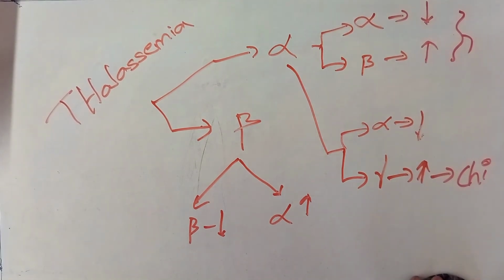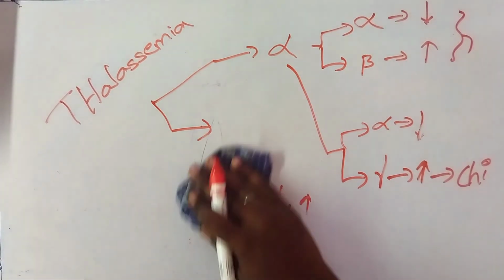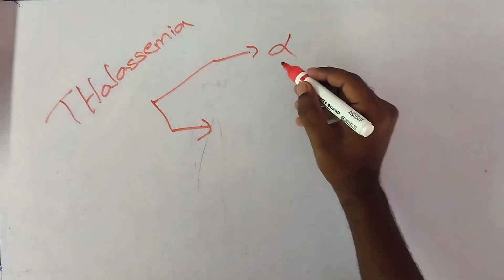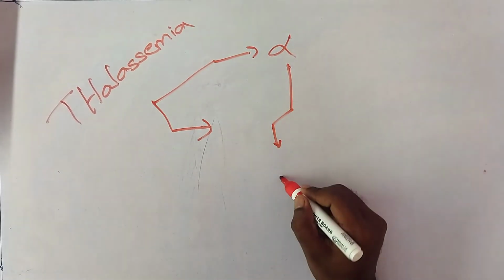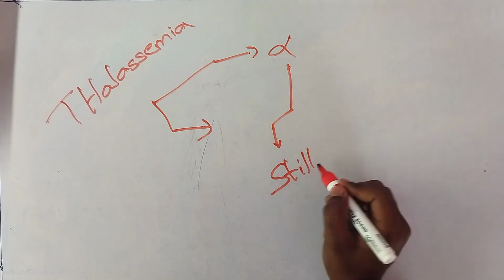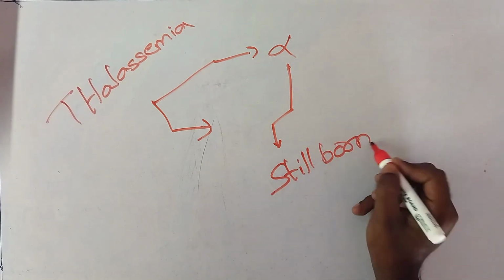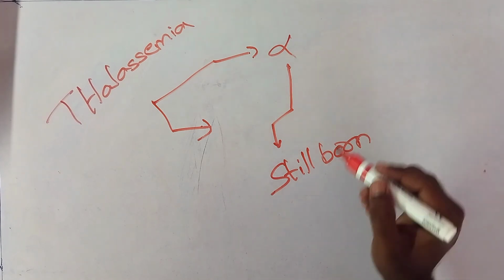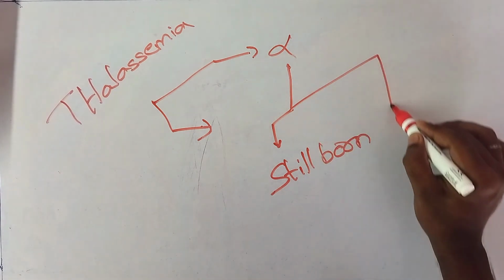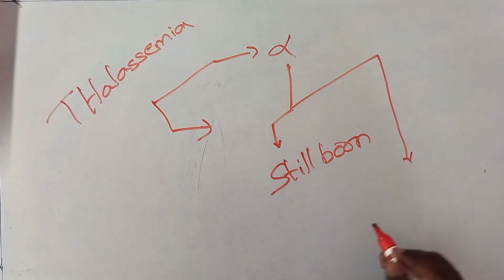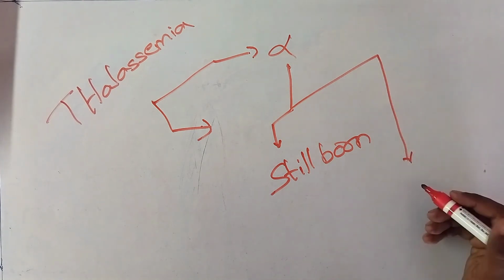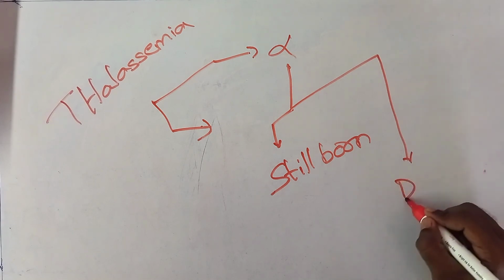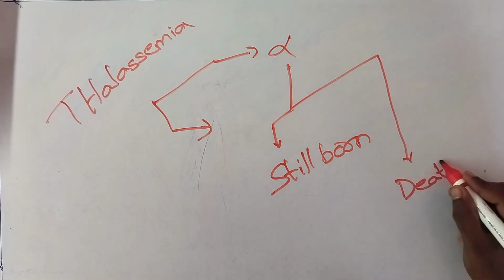In the conditions of these excess alpha chains, there may be a stillbirth, that means a baby born without life, or there may be death immediately after birth.